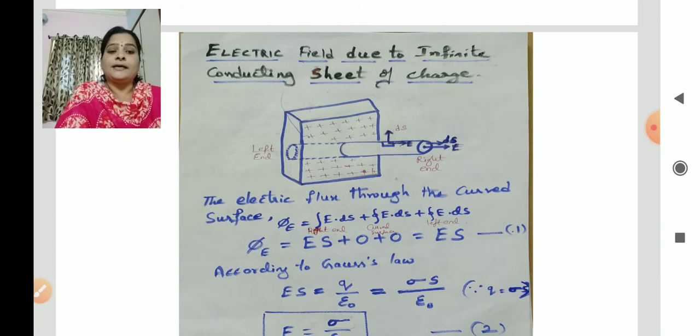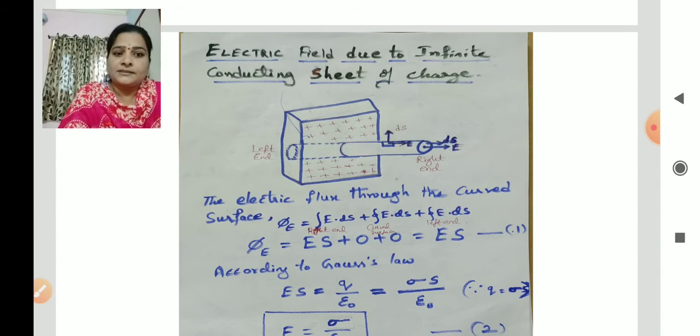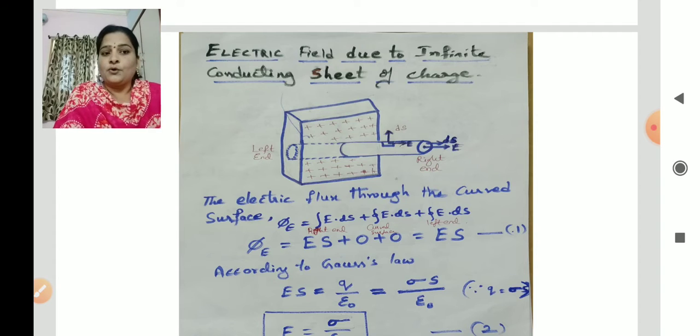Therefore E dot ds is E ds cos 0. Therefore the electric flux at the extreme right end is E into S. Here S is the total surface area of the right end.